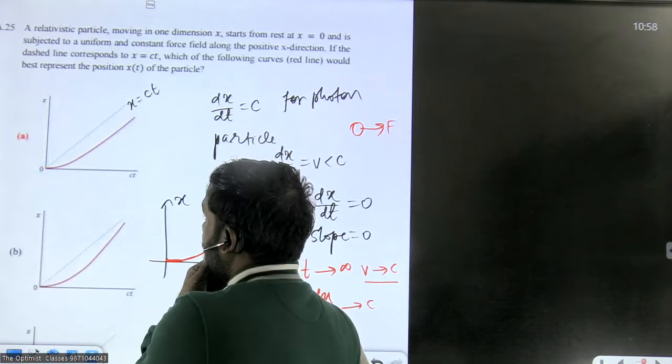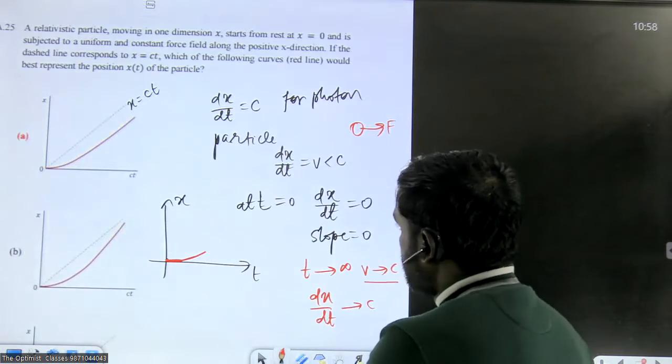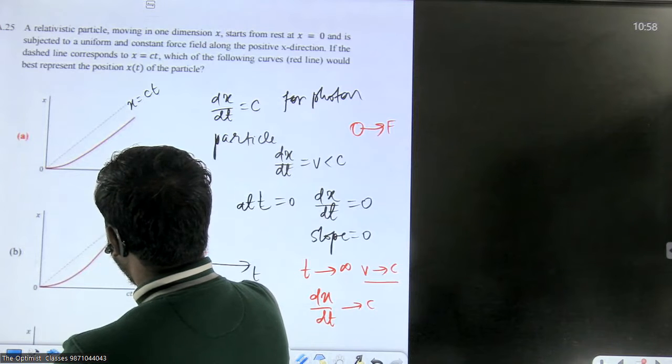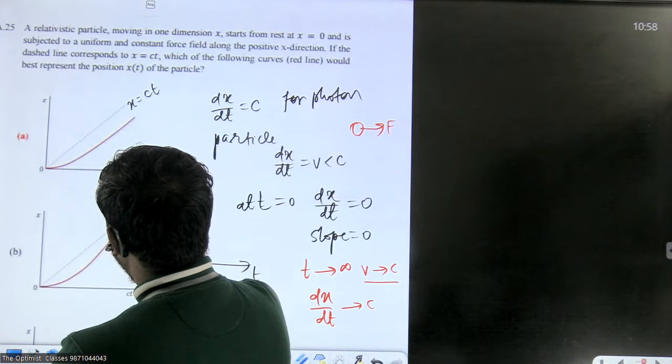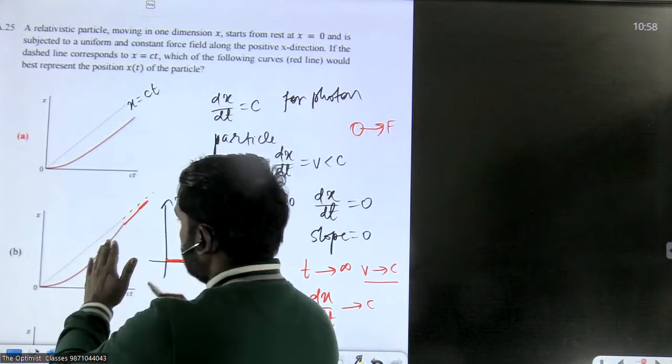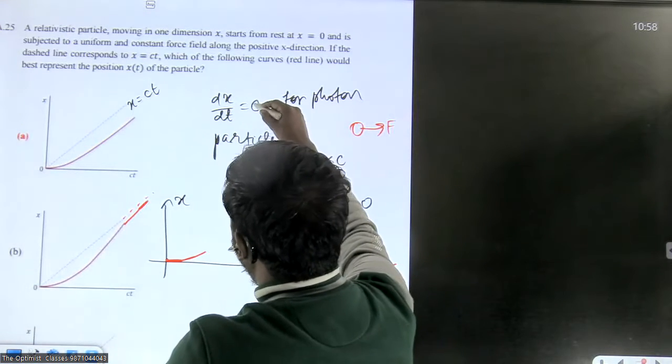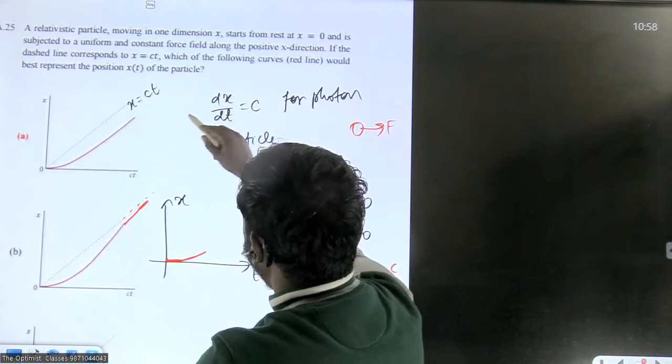Suppose somebody says that this is also becoming parallel to this dotted line, then we will have to argue like this. Suppose the photon has traveled for time t, then it has covered a distance ct.